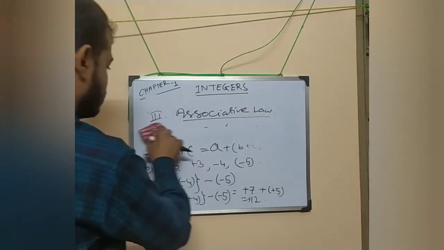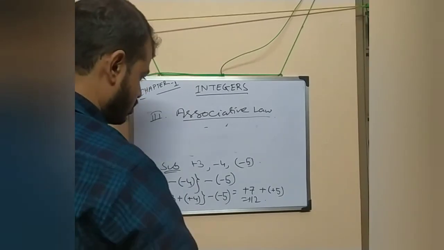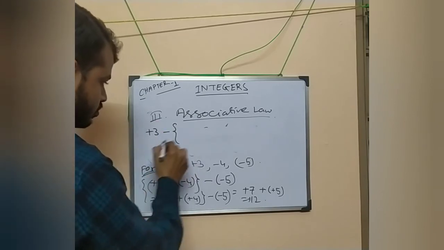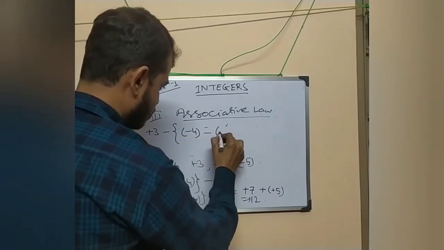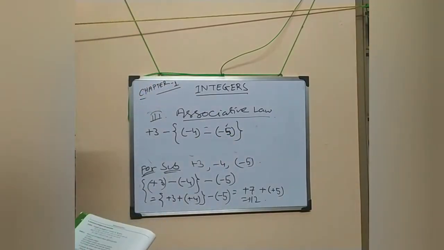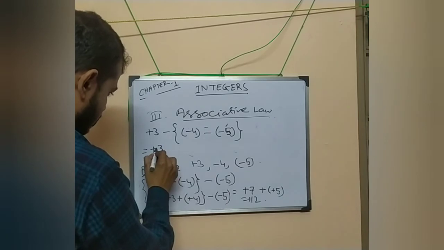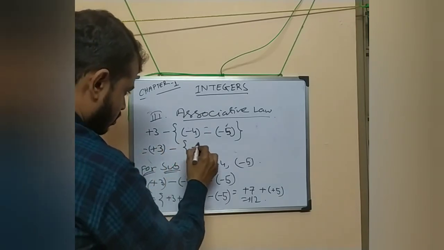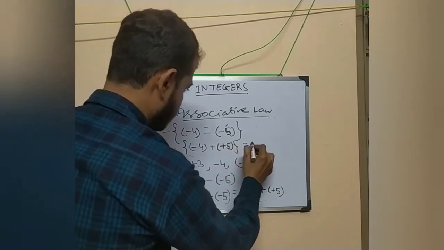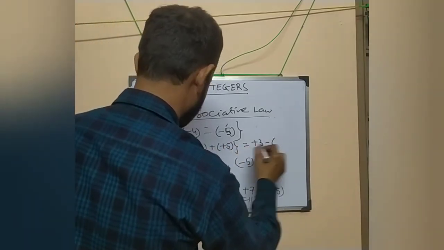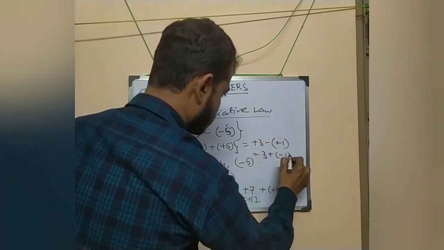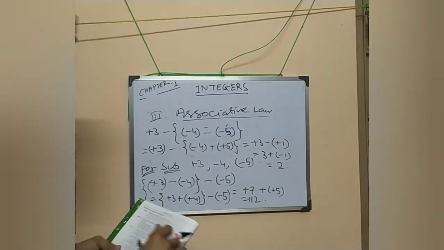Now first we take 3 minus, 4 minus 5. Then we have plus 3 minus of 4 minus of plus 5; for this we have plus 1, then we have 3 plus of minus 1, that is equal to 2.